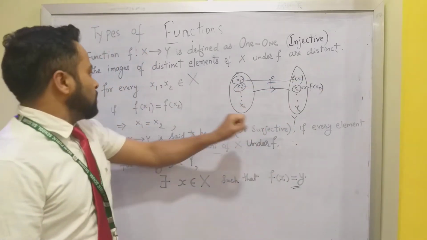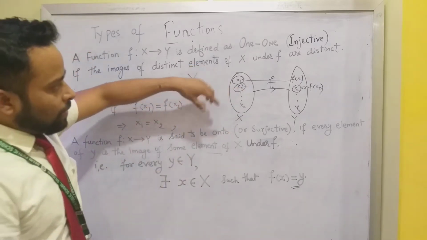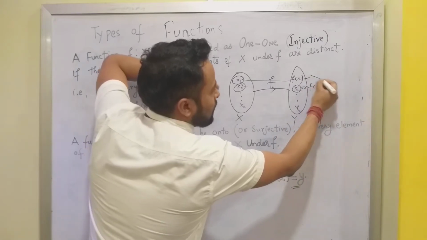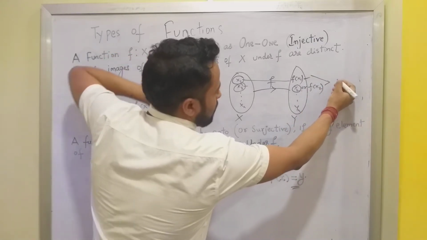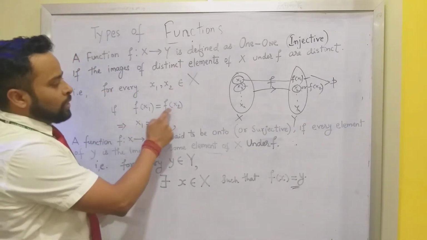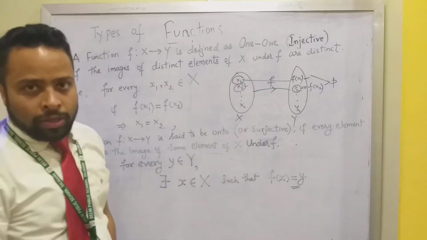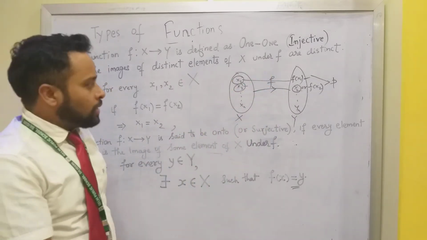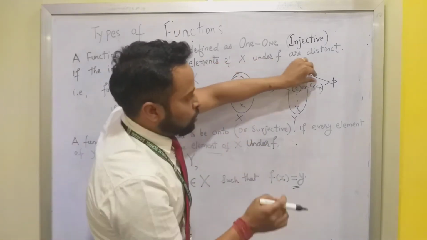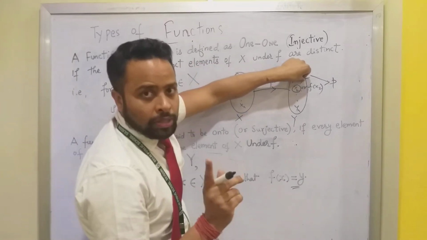Suppose I have taken x1 and x2, and what has happened is that f of x1 and f of x2 give the same value, say p. So if f of x1 equals f of x2 equals p, this is a many to one function.